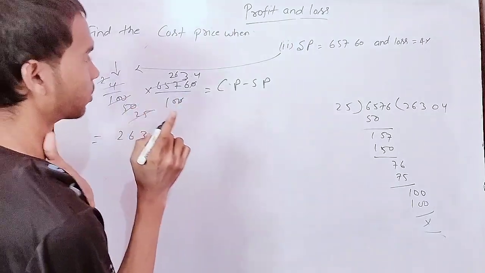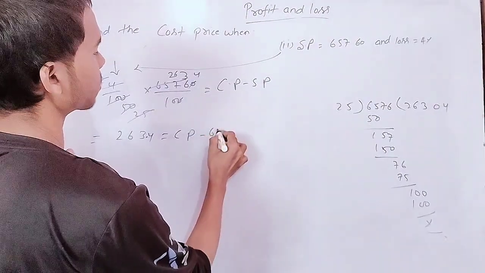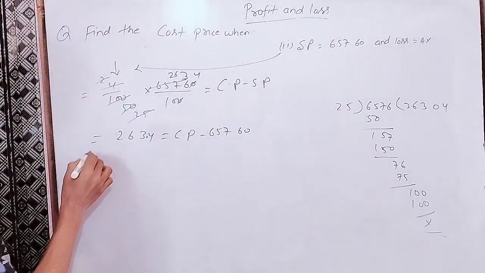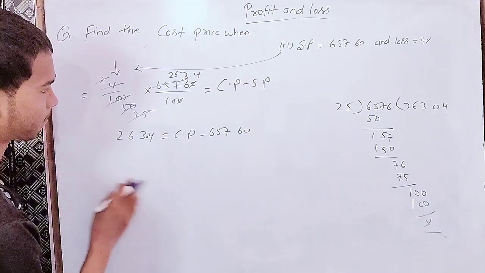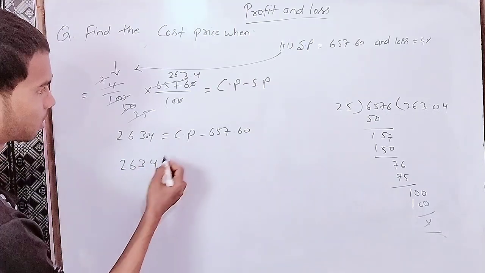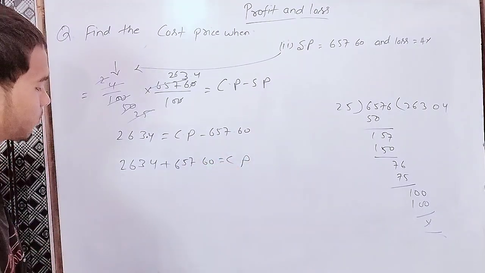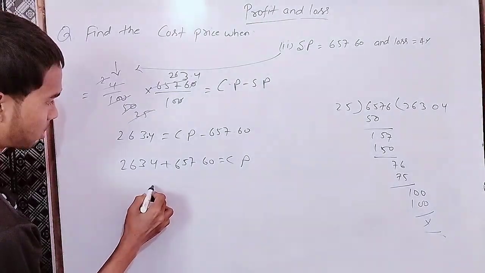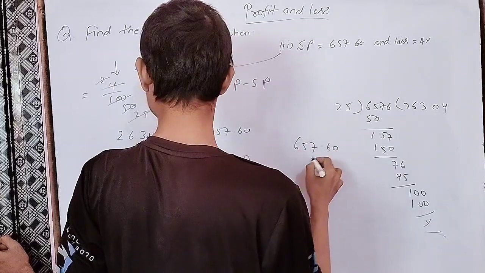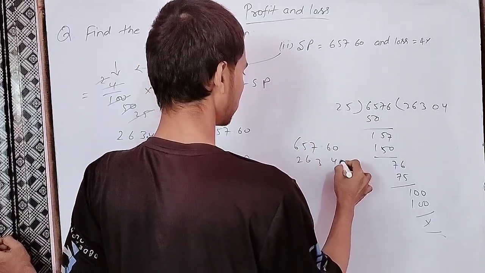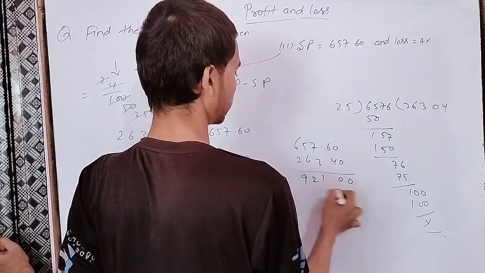We will check whether our answer is correct or not. Selling price: 263.5 minus 65.60 is the selling price. 657.60.